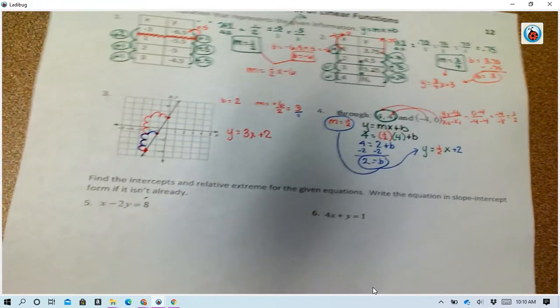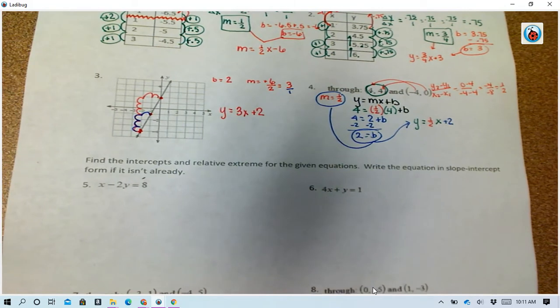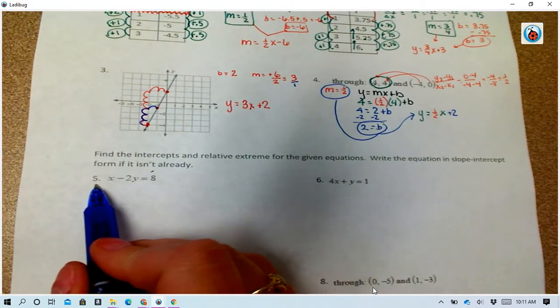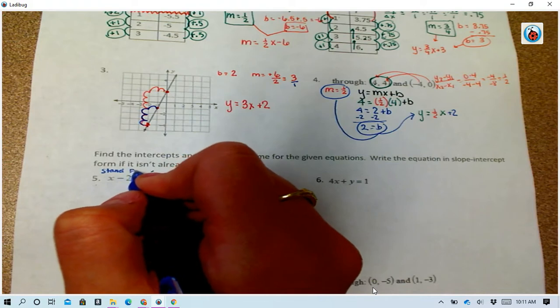Numbers 5 through 8 ask us to find the intercepts and relative extrema for the given equations, written in slope-intercept form. Number 5 is in standard form, so you could do this two ways.